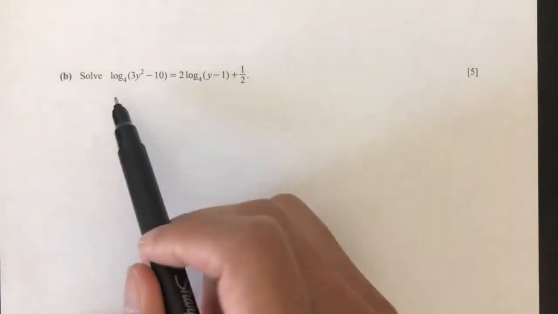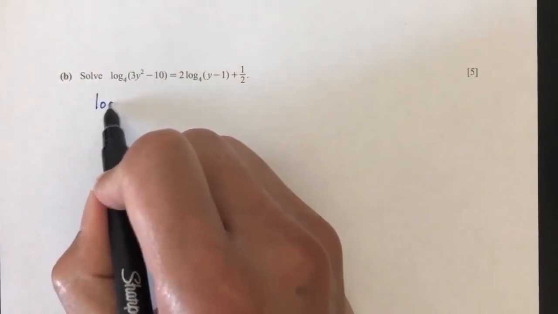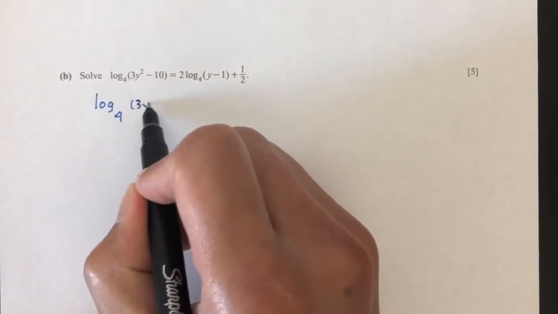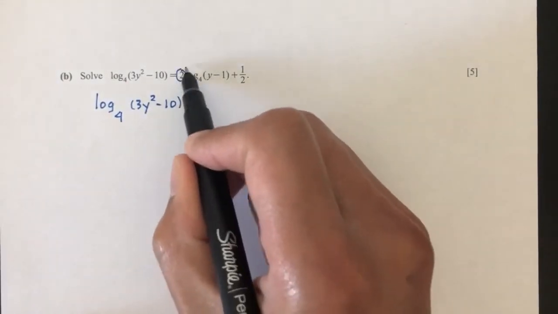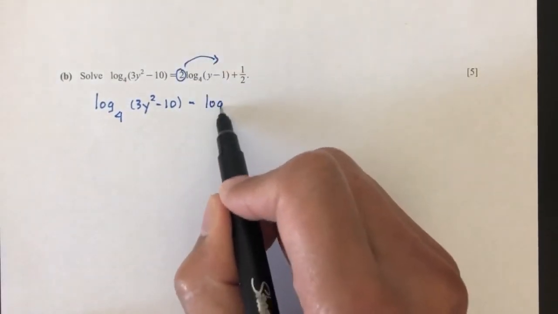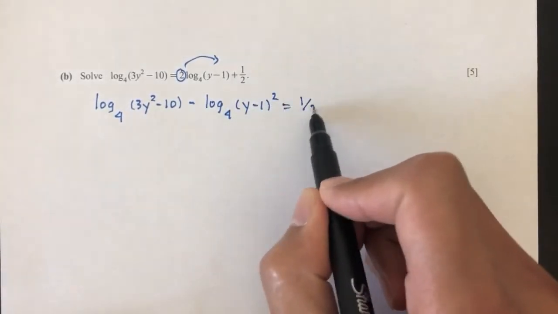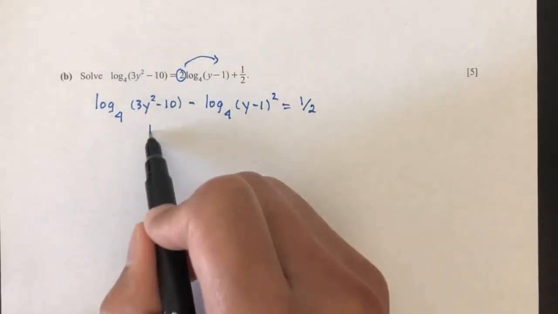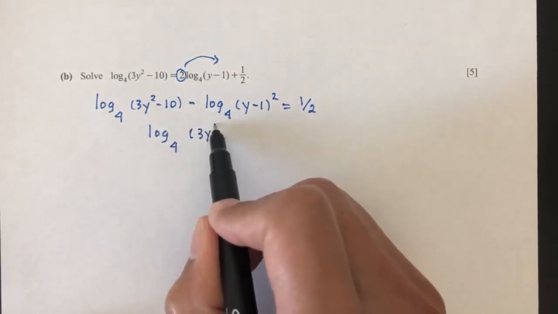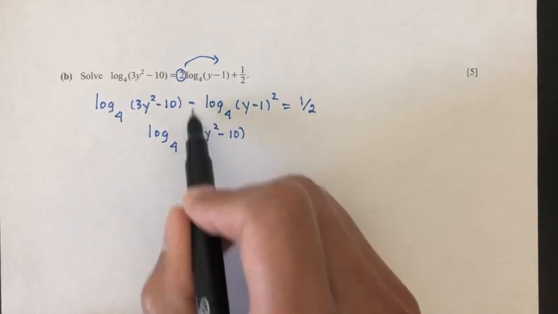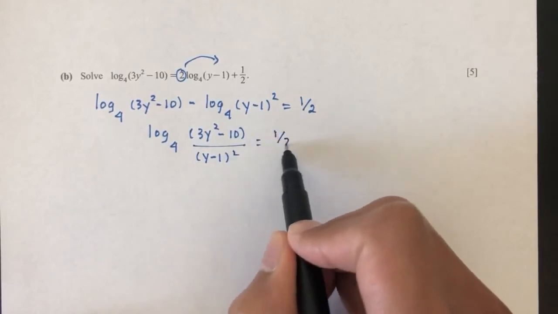Now for part B, solve this equation. So we can first send log on this side. We have log base 4 of (3y squared minus 10) minus, so 2 we can send on top, log base 4 of (y minus 1) squared equal to half. Now simplify, we have log base 4 of (3y squared minus 10) divided by (y minus 1) squared, equal to half.